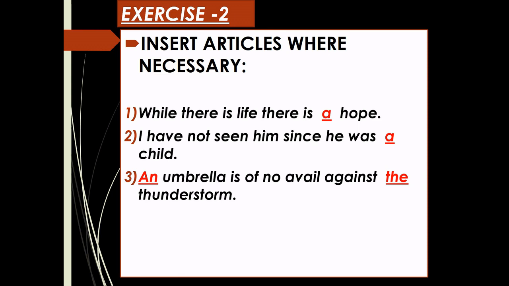Number 3. An umbrella is of no avail against the thunderstorm. Here the word umbrella is used as a singular noun and it is starting with a vowel sound. That is why an is used here. And thunderstorm is the name of a unique thing. That is why the is used here. Number 4.